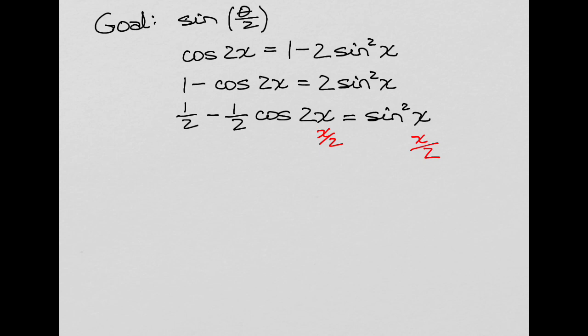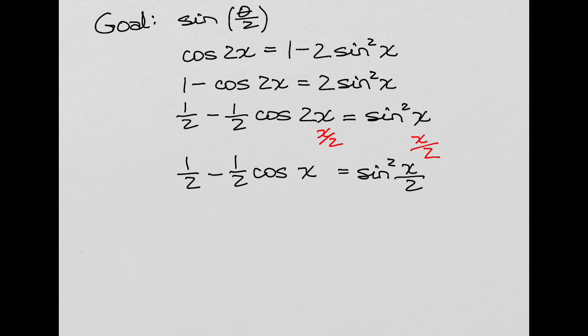Nothing happened to the constant out here. That's still 1/2 minus 1/2 cosine, well, 2 times x over 2, that's just x, equals sine squared of x over 2. We're almost there.